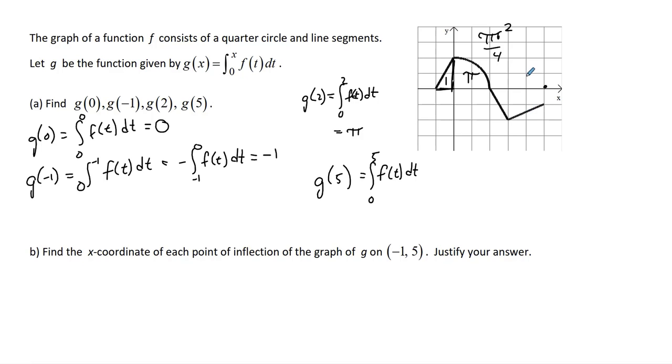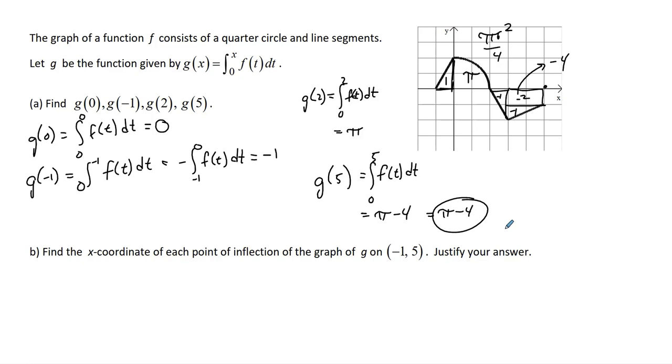This rectangle is minus 1, and then this area here I can split into a rectangle, which is minus 2, and this triangle is also minus 1, so that's minus 4. So all of this is minus 4, and so we know it's pi minus 4. I don't have to do anything else from that. So that's what g of 5 is.